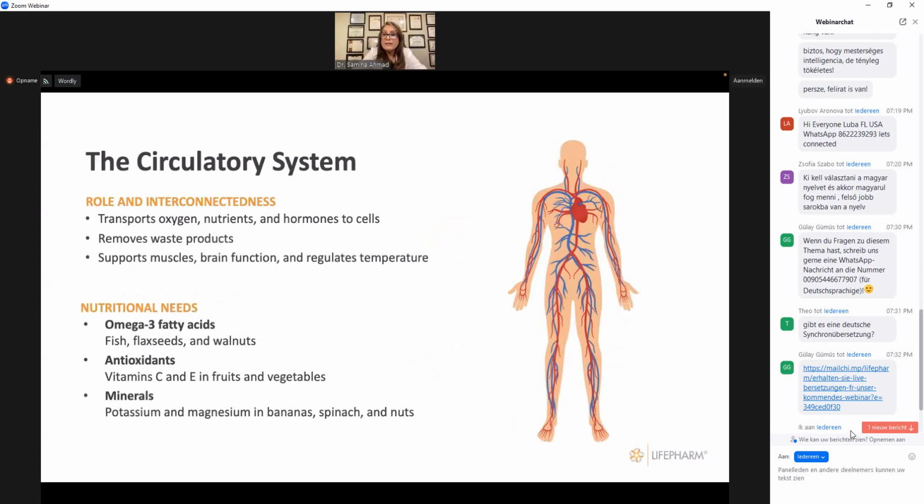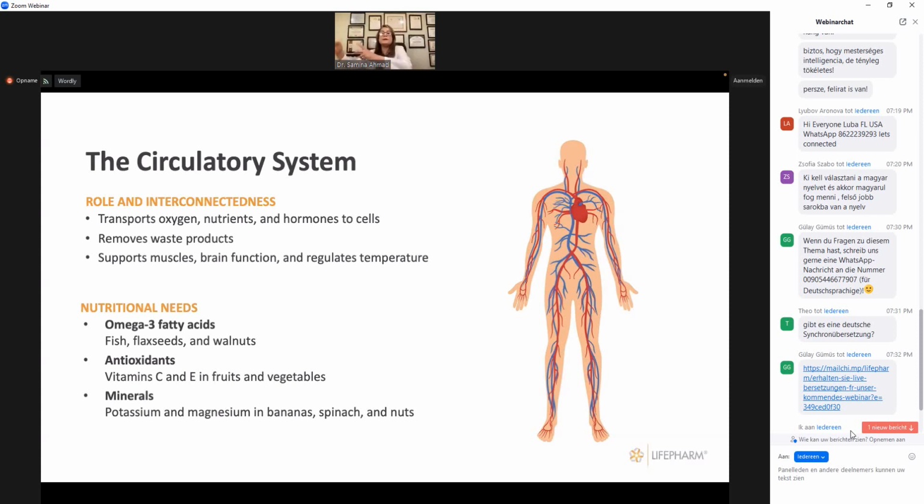So we'll start with a little, I'm just going to zoom across all the systems so that you can get a little view of what we are. Okay, so this is the circulatory system. Look at that, veins, arteries, and they are all connected because you have these blood vessels carrying blood with oxygen to the body and to all the areas and all the systems of the body, which is the red.